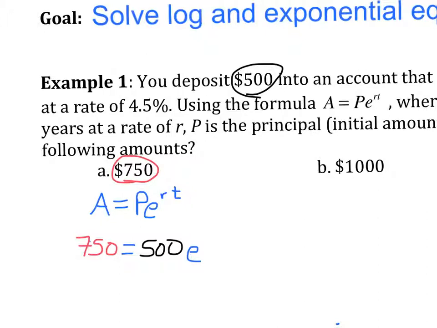What's my rate? Well, they told us what my rate is. It's this, but as a decimal it's 0.045. Remember, you move the decimal over 2. So I'm going to put 0.045 there as an exponent. And notice I don't know what t is because I'm looking for the number of years it will take for me to earn an extra $250.